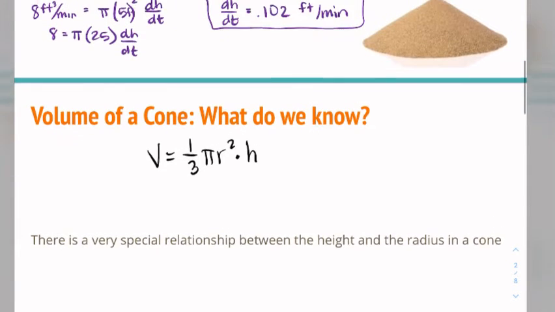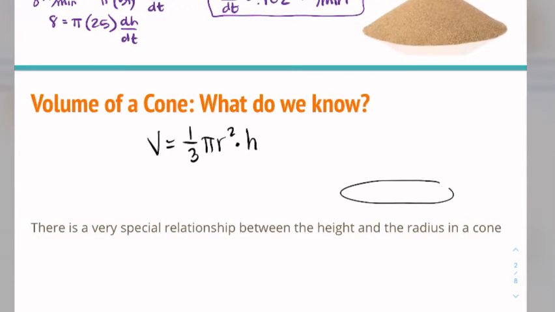Now, if I have a cone like this, and I make a little triangle here, and I have my height versus my diameter, height versus diameter. And we'll say this is our radius.